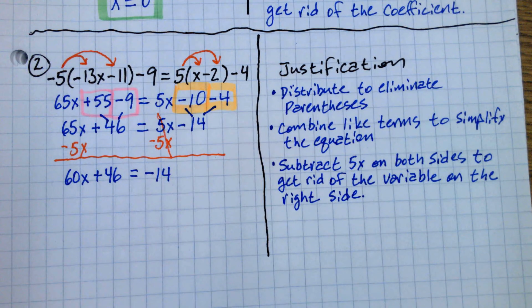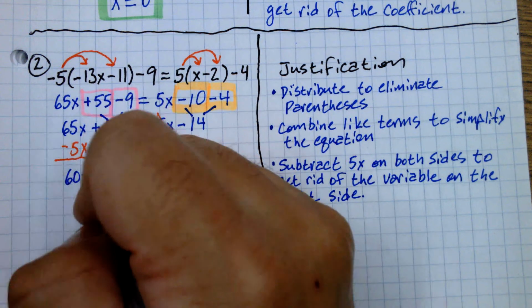Okay. So now it's a two-step equation. We're getting rid of the constant now. Which constant are we removing? Okay, let's get rid of 46.